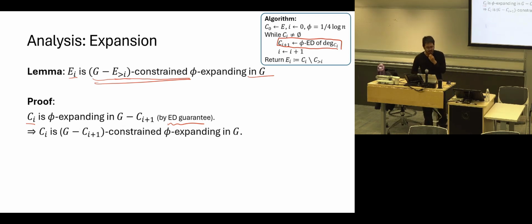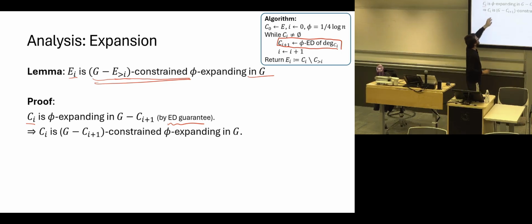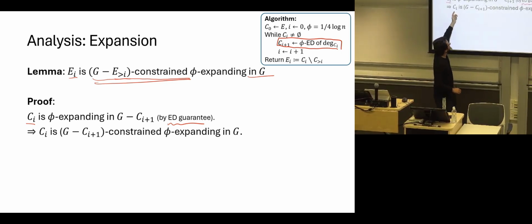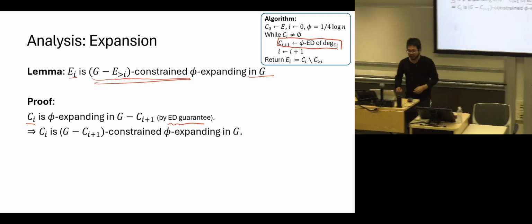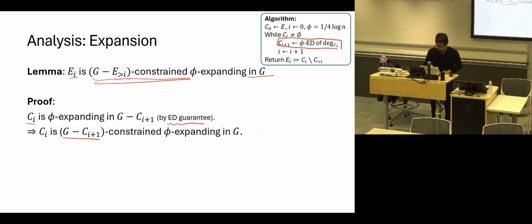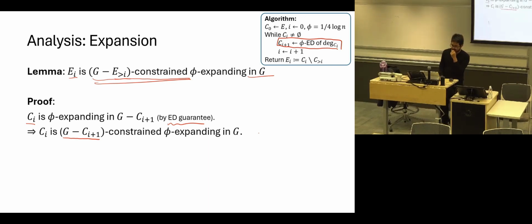But then, just from the definition, this is like 2x to be expanding. And then I can write that this is equivalent to Ci being expanding in G minus Ci plus 1 constraint. So it means that this is just constraint expanding in G.